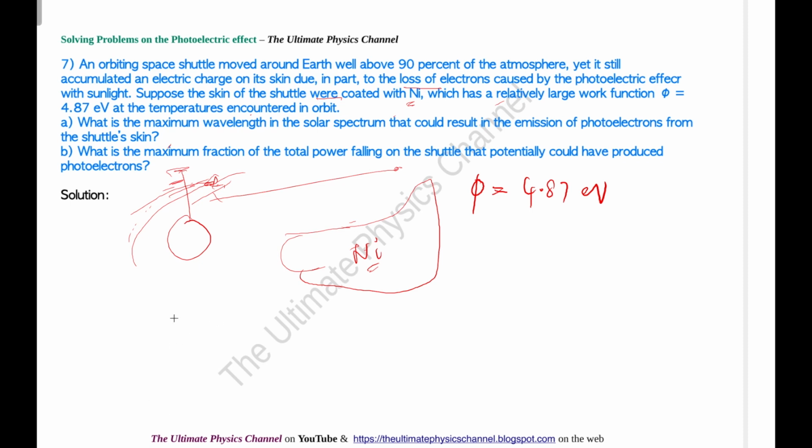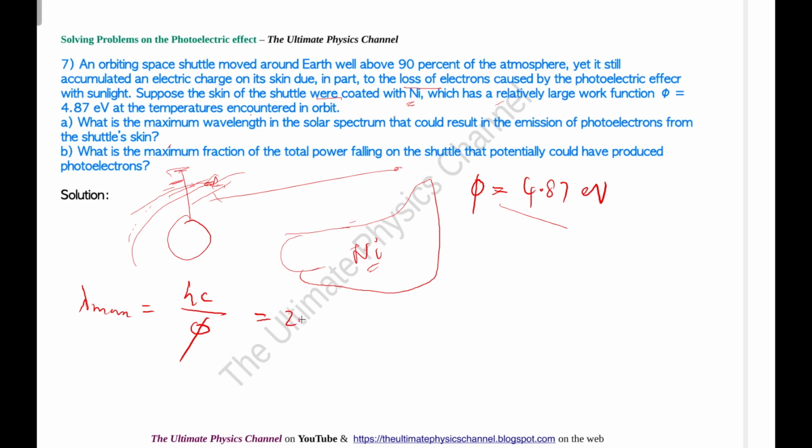So first, let's proceed to calculate lambda max from the work function value that is given to us. Lambda max is equal to hc over phi, right? If you substitute the known values, namely Planck's constant, the speed of light, and the given phi, converted into joule units, you will get lambda in meters.